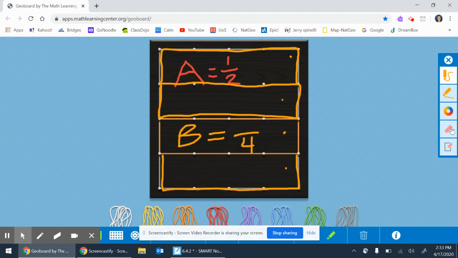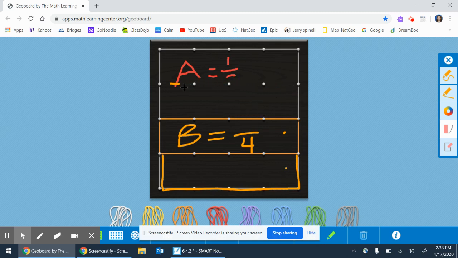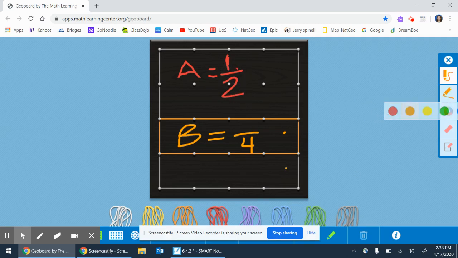And I'm only looking at just the part with the rubber band. So that's telling me that piece B is only one of the 4 pieces. So A is a half, B is 1/4. And that makes sense because half of a half is a fourth.